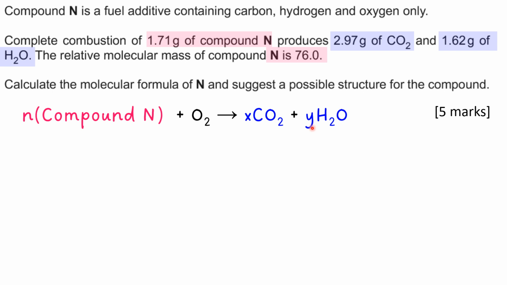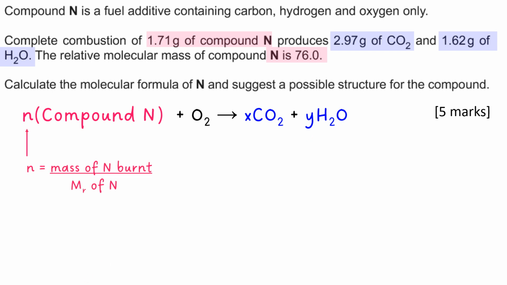The reason I'm doing this is because the number of moles of carbon dioxide will equal the number of moles of carbon atoms, because for every molecule of carbon dioxide you get one atom of carbon. The number of moles of water that I get will be half the number of moles of hydrogen atoms. So I want the moles of hydrogen atoms and the number of moles of carbon atoms so I can piece together how many there might be in 1 mole of N.